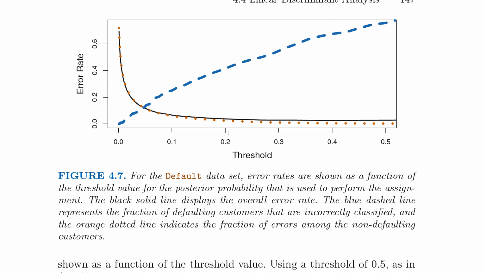So in actual fact, the fraction of defaulters that are correctly identified, this is nearly 40%. I think it becomes 60%. So when the threshold is, for example, 0.2, the fraction that is correctly identified, incorrectly is 40%, correctly 60%.